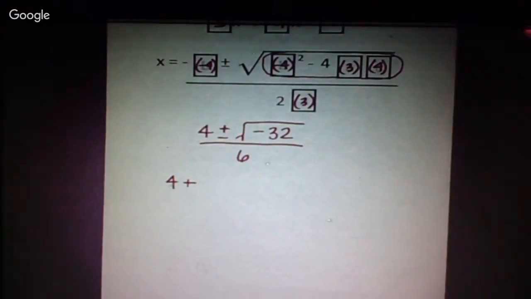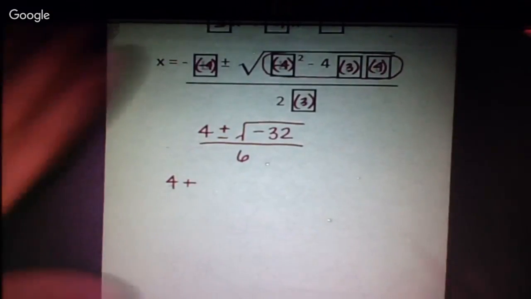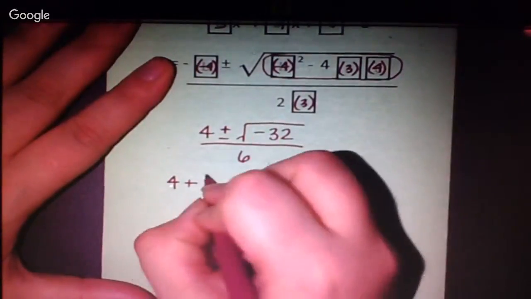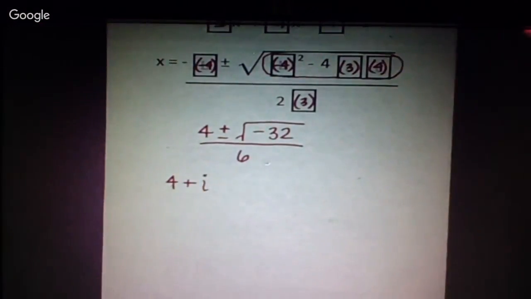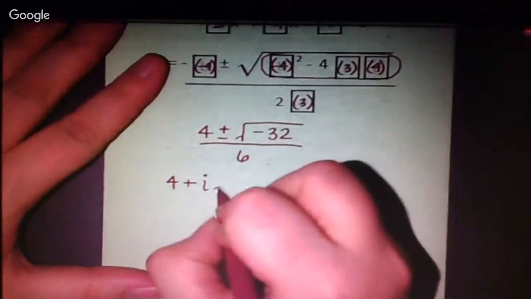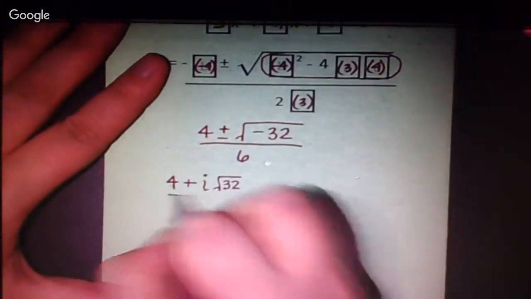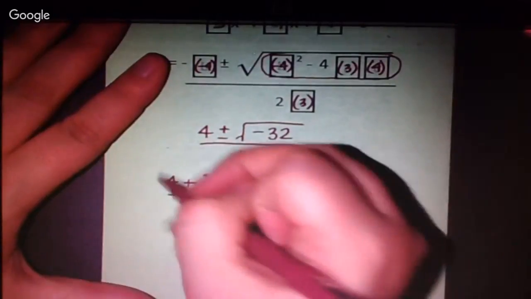So the first answer is going to be a plus. The second answer is going to be the minus. So 4 plus. This negative becomes i. It becomes your imaginary number. And then you keep the square root of 32 divided by 6. So that's one answer.